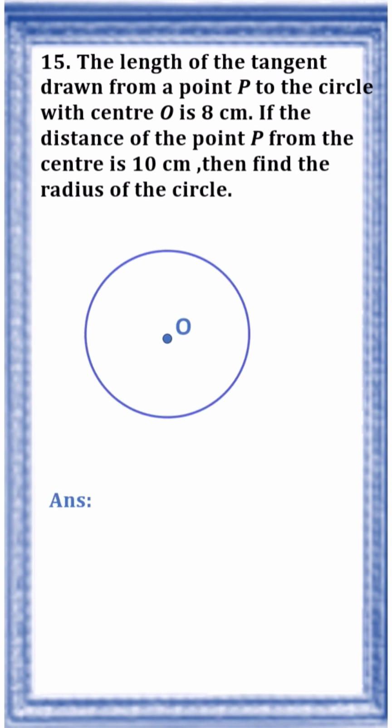Now let us have a figure. This is the tangent. This is the distance between the center and the external point. This is the radius. This is the point P. This is the point Q. Now this OP is 10 centimeter. QP is length of the tangent, 8 centimeter. We have to find OQ. It is a very easy question.